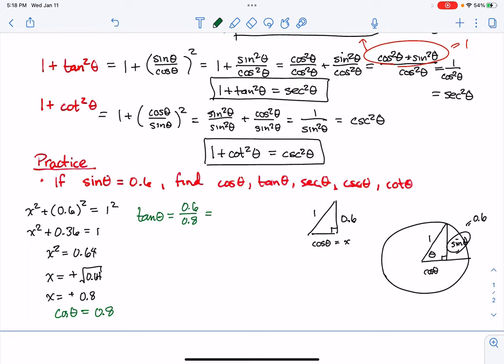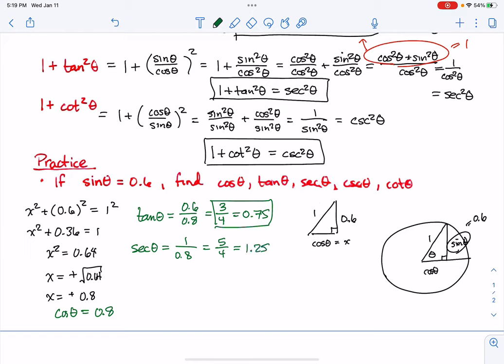That's going to be 3/4, or you could say 0.75. We got secant, right? Secant is 1 over cosine. We said cosine was 0.8. So that's going to be 10 over 8, which is 5 over 4, or you could say 1.25.